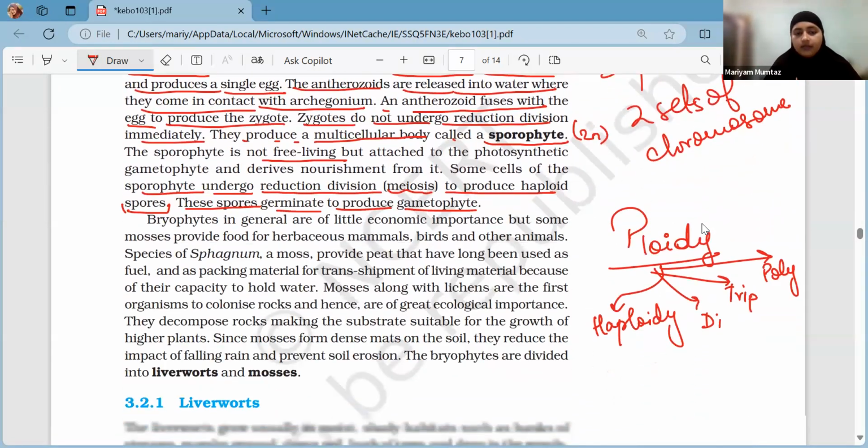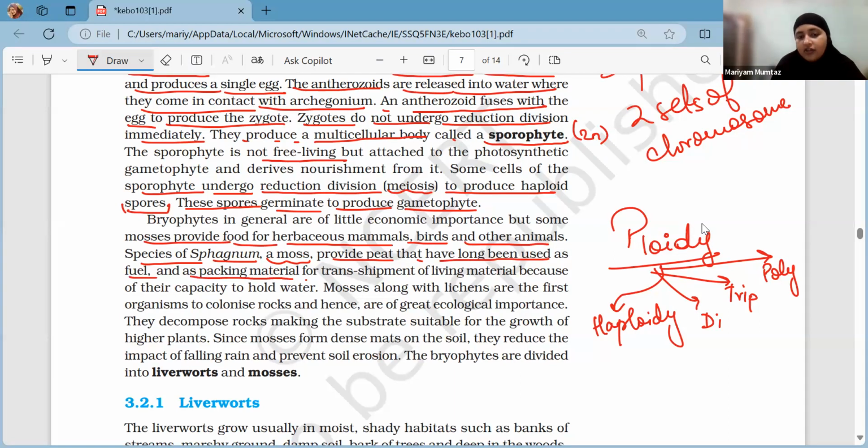All right. Now, bryophytes in general are of little economic importance, but some mosses provide food for herbaceous mammals, birds, and other animals. Species of sphagnum, that is a moss, provide peat that has long been used as a fuel and as a packing material for transshipping of living material because of its capacity to hold water.